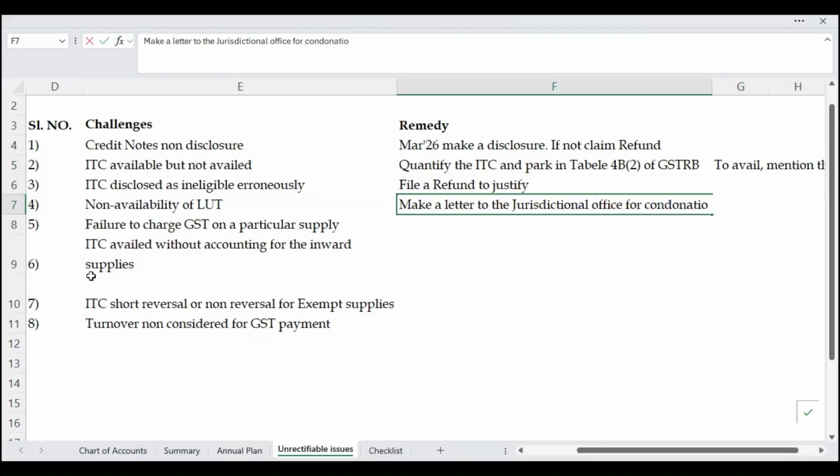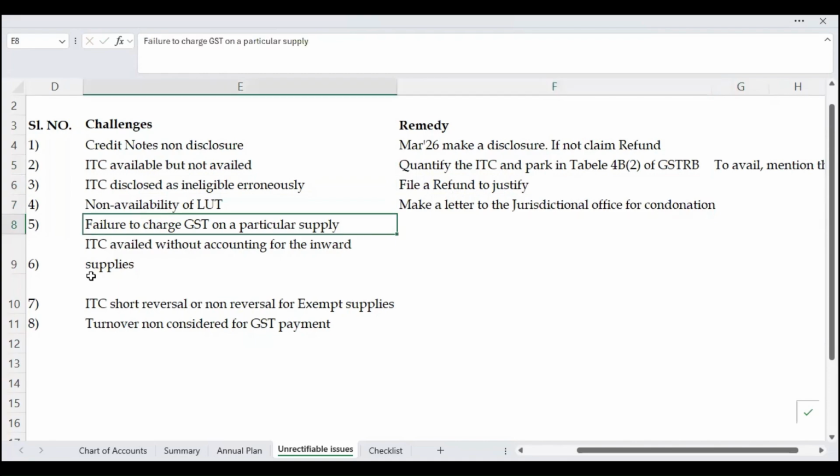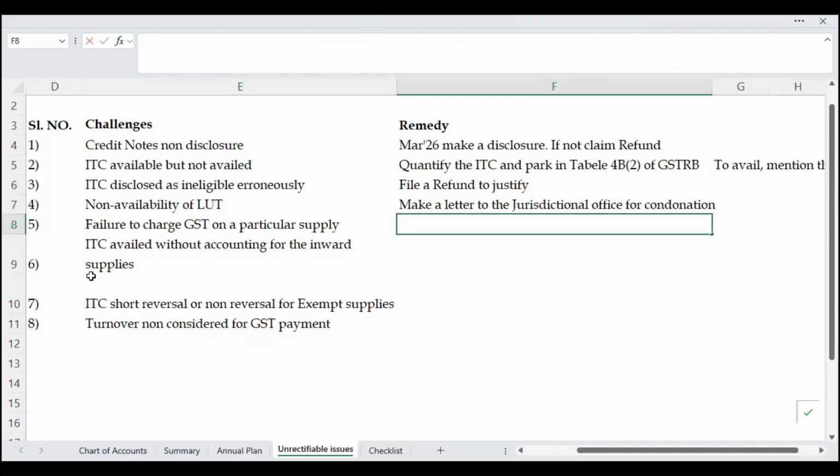There is a circular that procedural lapses cannot be used to deny export benefits. Failure to charge GST on a particular supply: pay in March 26 or subsequent GST returns.